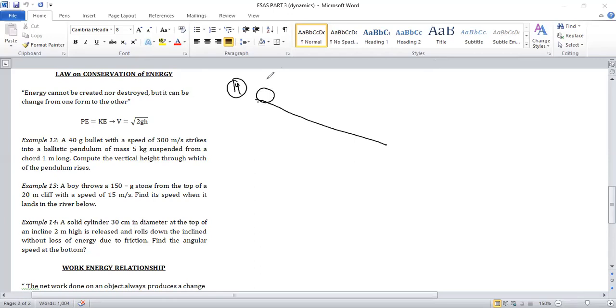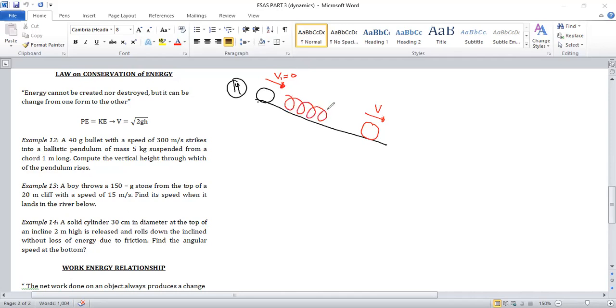So the velocity of the cylinder, let us say the initial velocity of the cylinder at the top is 0. It started to roll down to a point that it reaches at the bottom with a known velocity, and of course, while the cylinder moves from the top to bottom, it also rolls down like this one.